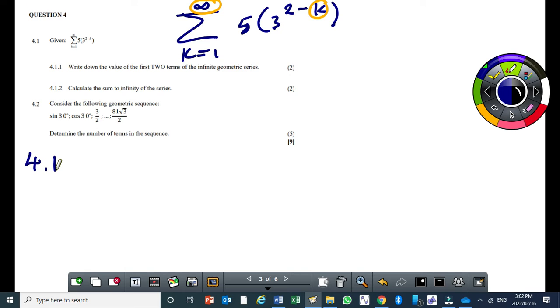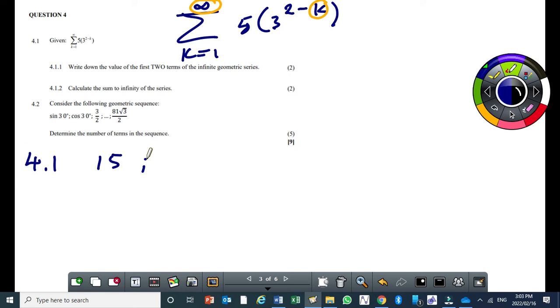So you end up getting 5 times 3 to the power of 1, which is 15. So that's your first term. If you substitute k equal to 1, your exponent becomes 2 minus 1, which is 1. So you end up with 5 times 3 to the power of 1, which is 15.